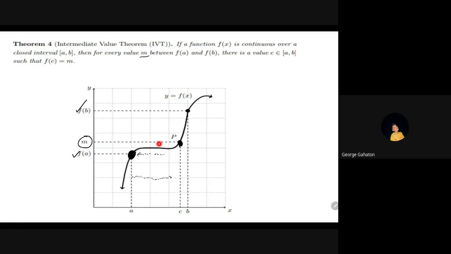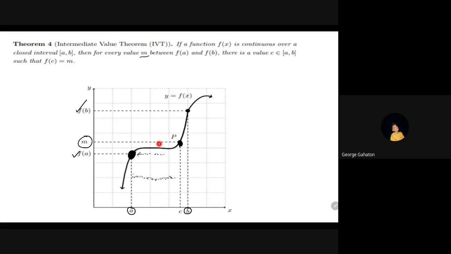In particular, the said line moves between the vertical dotted lines over x is equal to a and x is equal to b. As this point moves, this imaginary dotted line that we made will also move.